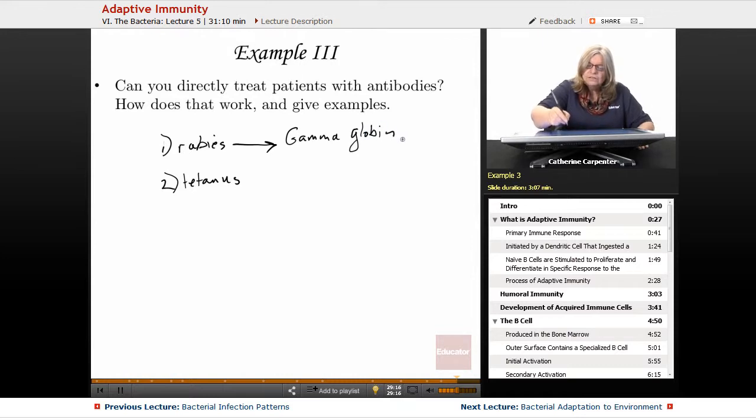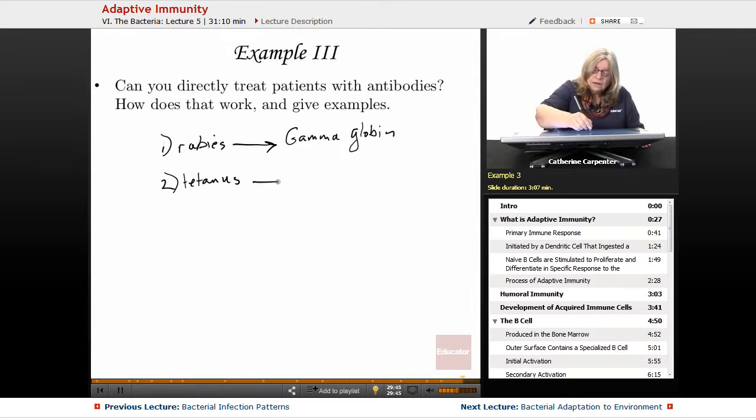Those are actually antibodies that have been bioengineered and created that are directly targeting the rabies virus. So essentially, you're given rabies antibodies up front before your immune system even has the chance to create its own. And the reason for that is because rabies is such a serious disease.